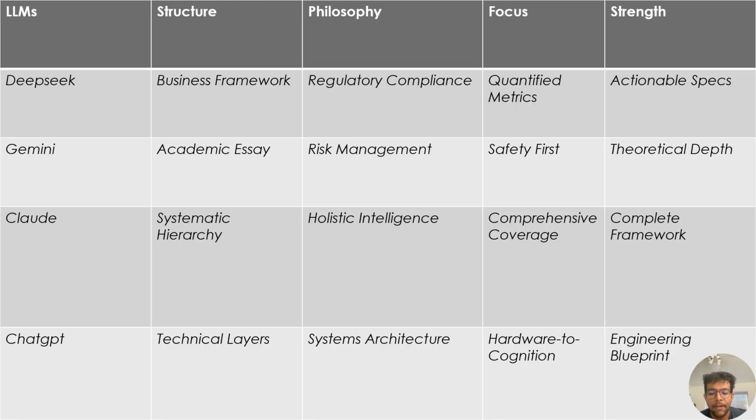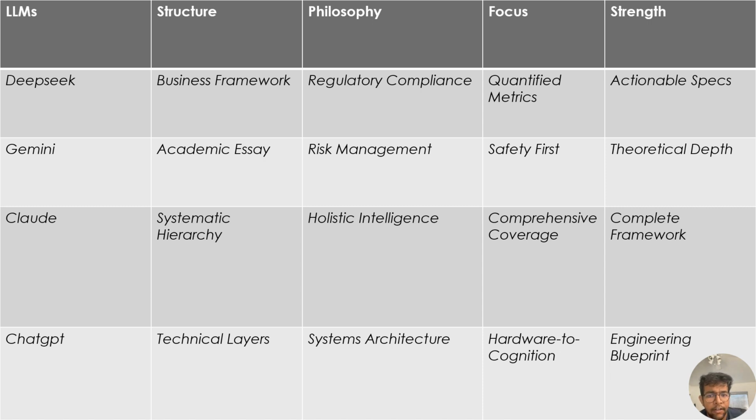Okay, so now let's summarize everything that we have learned from previous slides into one single comparative slide. Let's talk about the structural differences between the requirements. DeepSeek had a very business framework, which suggests training heavily influenced by corporate and regulatory documents. Gemini's essay and narrative format reflects academic paper structure.